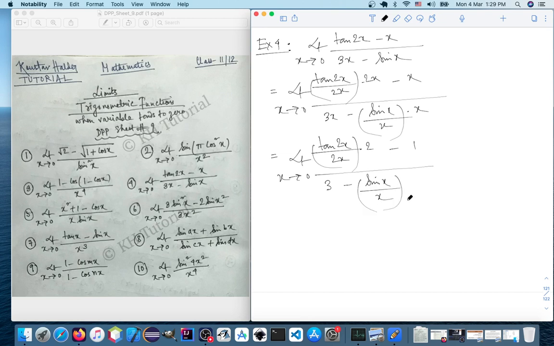Now if we apply the standard results for tan x by x and sin x by x, which are 1, we get 1 into 2 minus 1 over 3 minus 1. This is 1 by 2.